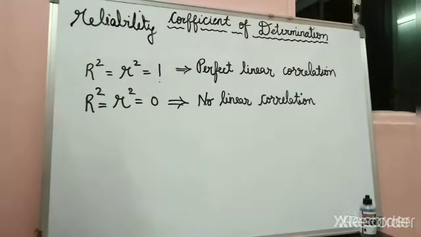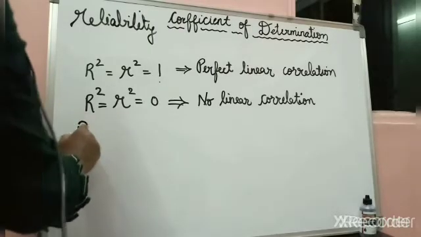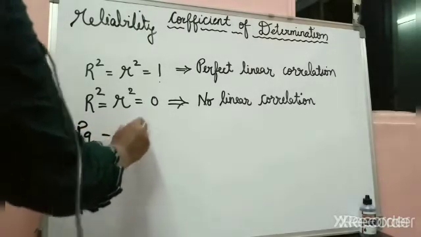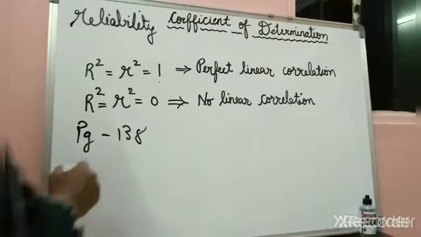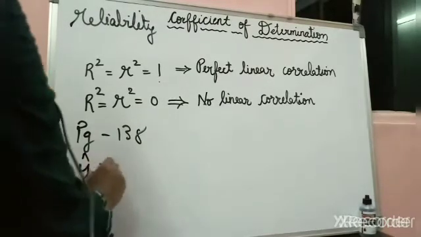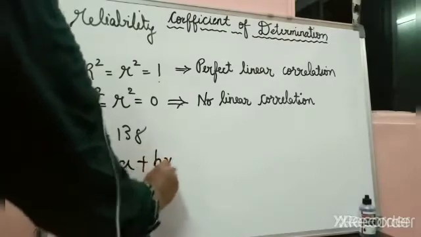So for the definition you can check out page number 138 of coefficient of determination. I'll read it for you. Suppose the regression line of y on x is, you are knowing y on x, the form equation is a plus bx. Clear?